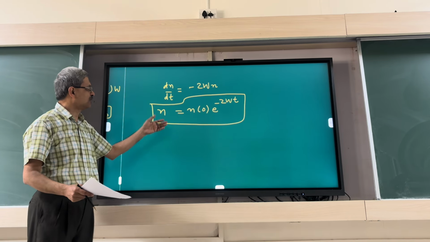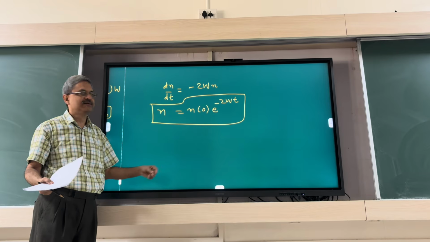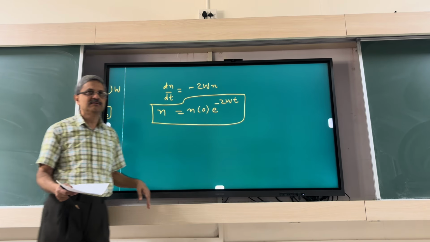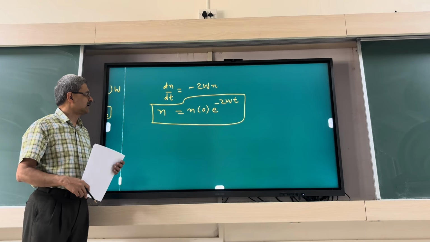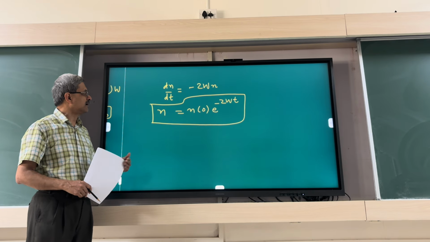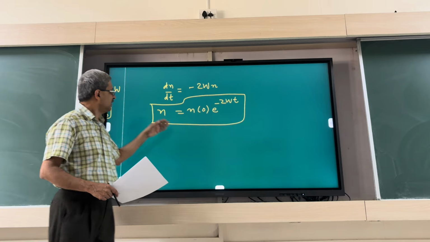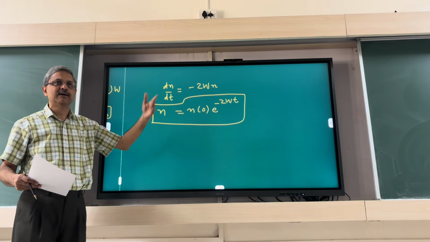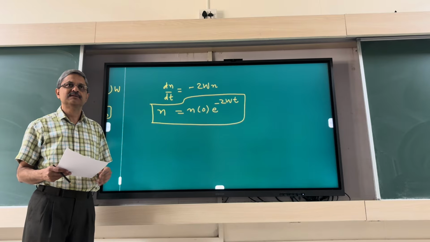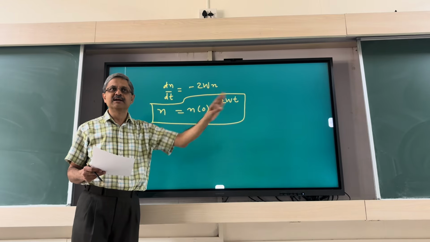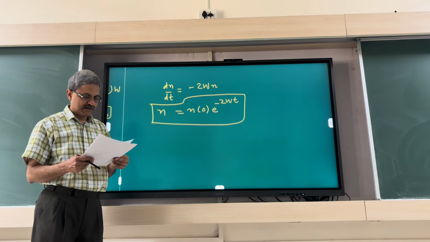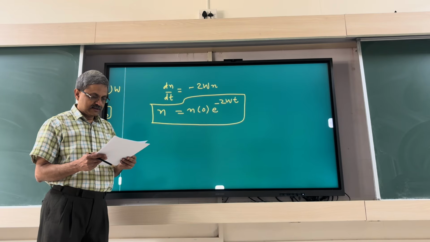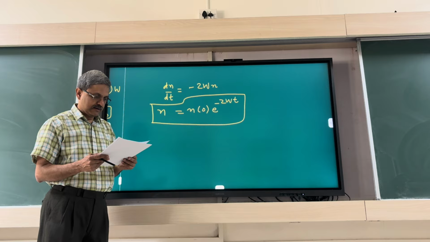You start out with some initial condition, whatever it is, and with time this decays, so at t equal to infinity, this becomes 0. Exponentially it goes to 0, so you get equal population in the two states, if you don't have any lattice to deal with.